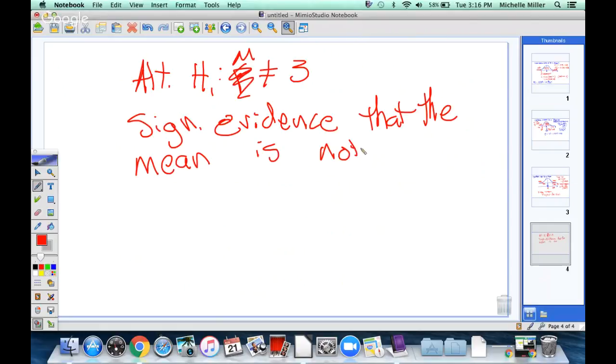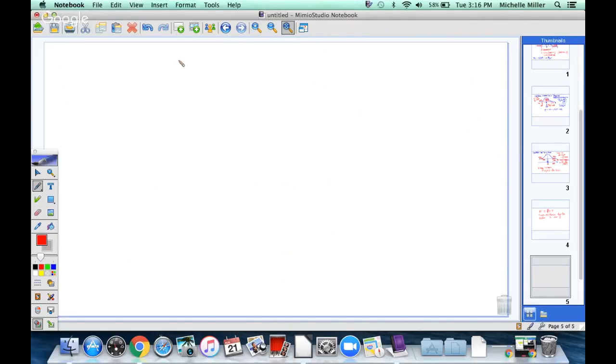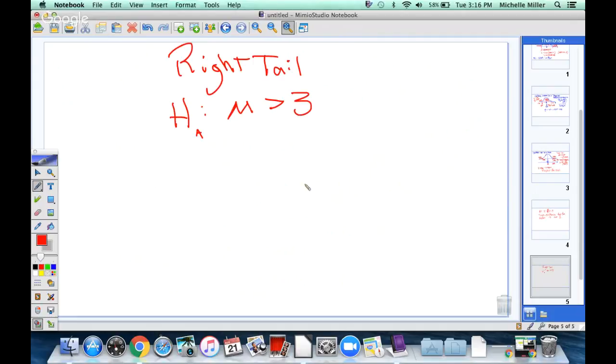Now, I could run a different test. I could say, hey, why not run a right tail test? If I was going to run a right tail test, my alternative hypothesis, H1 or HA, would have to be mu is greater than 3, which means I can only look at the right tail in that calculation.